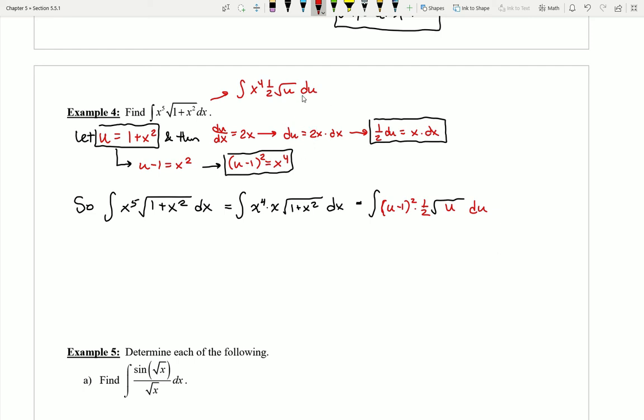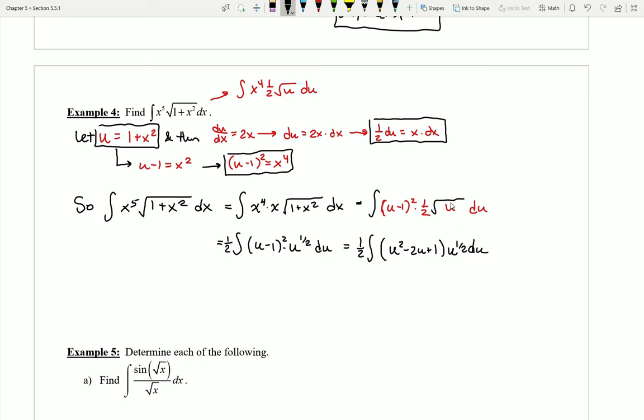Well, I actually think that this integral can be a bit easier, but it does require a bit more algebra. Notice here that I have a u minus 1 squared. I can pull my 1/2 out to the front, and I have a u to the 1/2 power here. Again, remember I cannot take an antiderivative of each of the pieces in a product because that's not a derivative rule that we know from earlier in the semester. So instead what I'm going to do here is a whole bunch of algebra. I'm going to multiply out this quantity, which would give me u squared minus 2u plus 1.